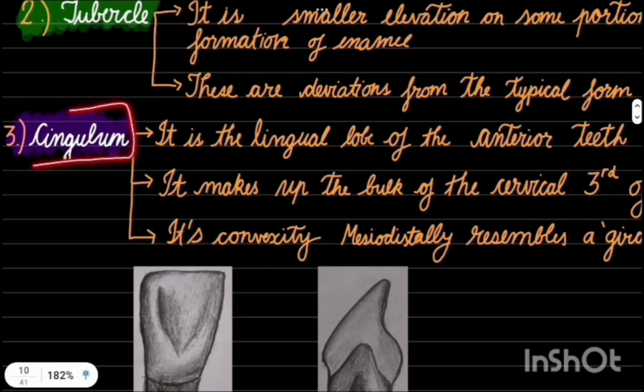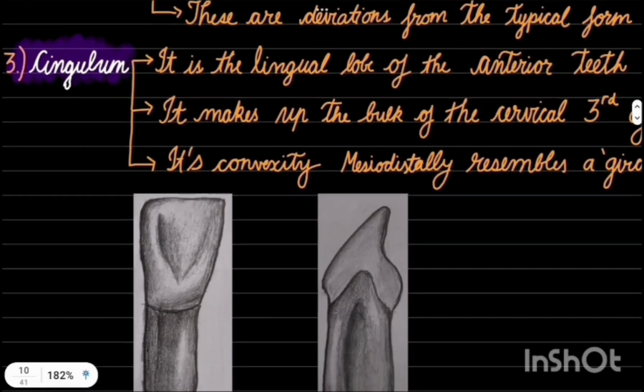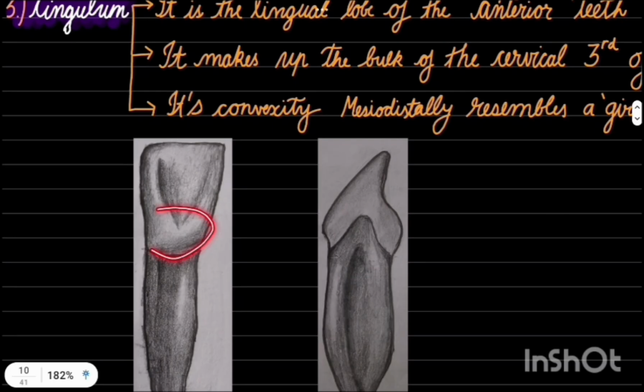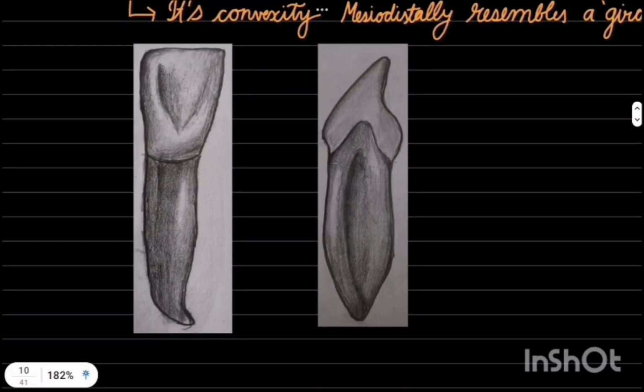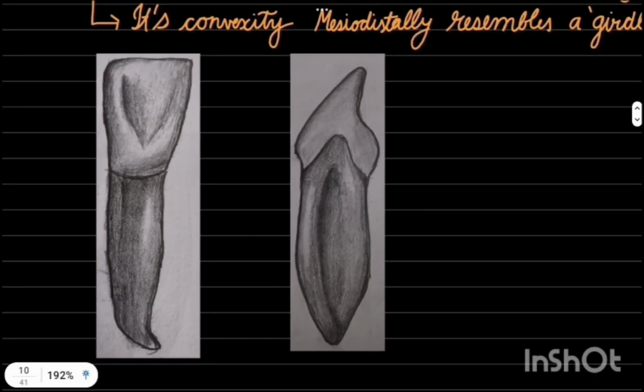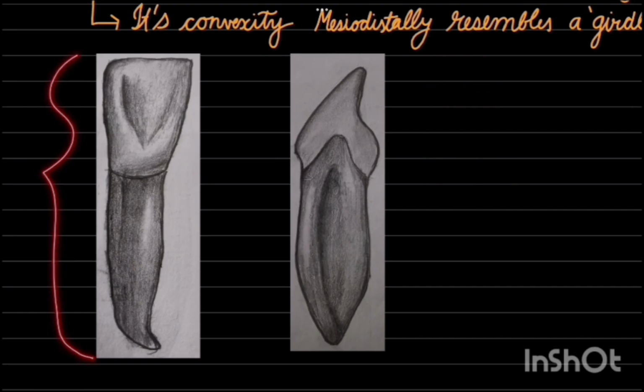Next we have cingulum. Now it is a lingual swelling. As you can see from here, we have learned about 2 terms, labial surface and lingual surface. So if we look at this incisor from the lingual surface, this is the cervical line. So this elevation or this mound over here, which is present lingually and in the cervical third of the tooth, is called cingulum.